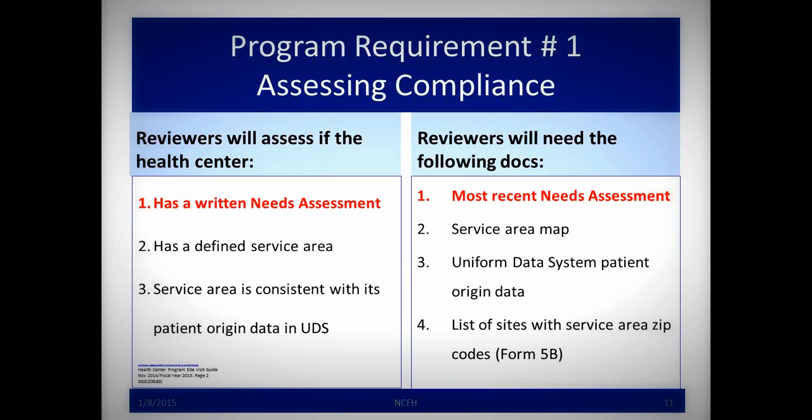The reviewers will need the following documents: your most recent needs assessment, a map of your service area, the list of your patients by zip code, it's actually not the name of your patients, but just the number of your patients by zip code, and the list of the sites with the zip code. That list is also known as Form 5B in your electronic handbook.